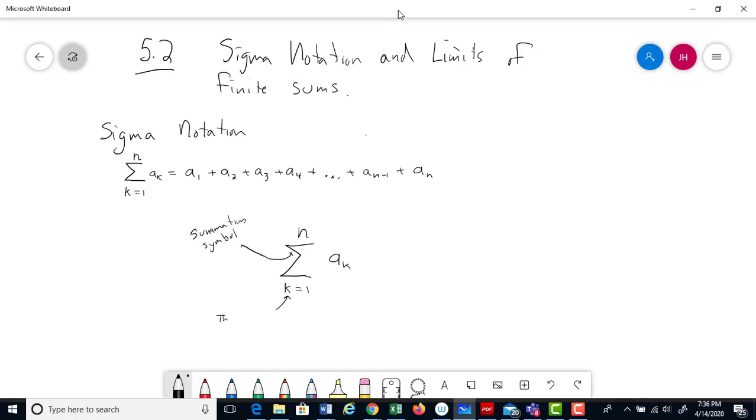So the index k starts at 1. And up here, this n says that the index k ends at k equal n. This entire formula of a sub k is the formula for the kth term.